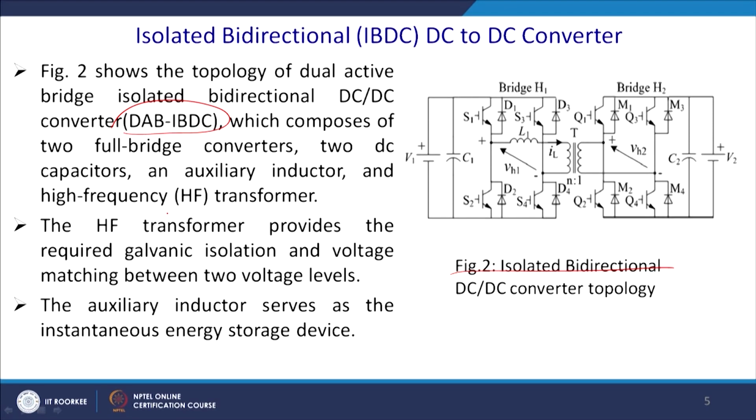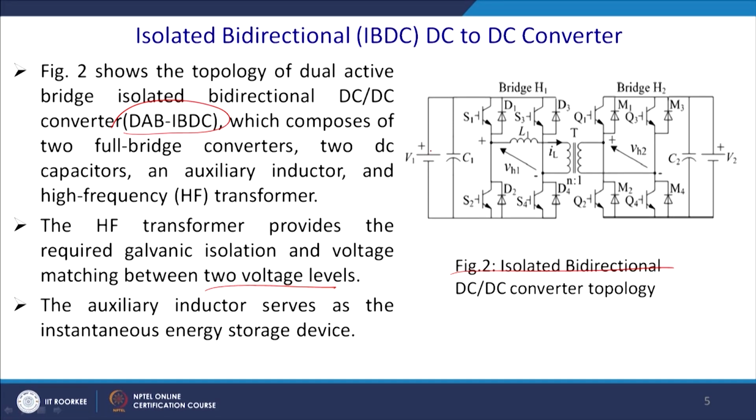The HF transformer provides the required galvanic isolation, which is required to protect input from the output and vice versa, and voltage matching between the two voltage levels.